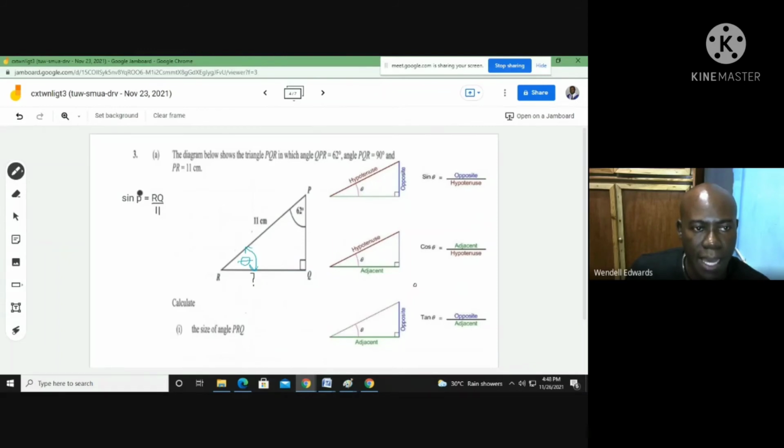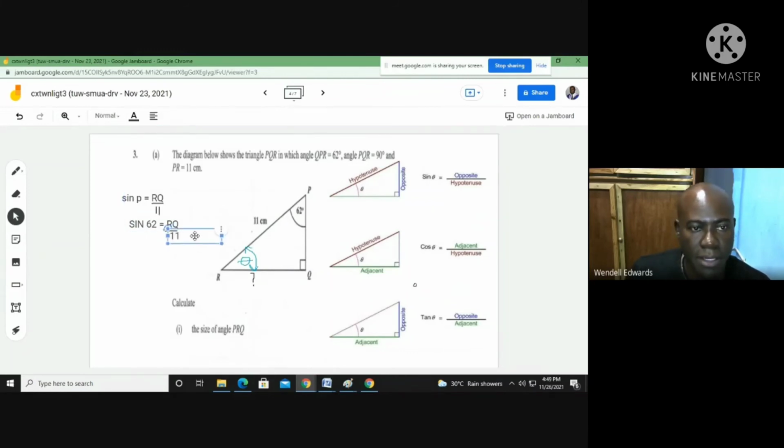So if we're supposed to put everything together, basically we're looking at sine of 62 degrees, and that is going to equal RQ over 11.